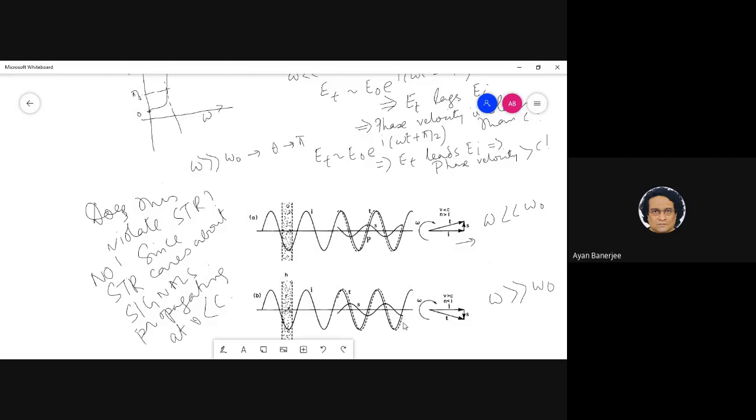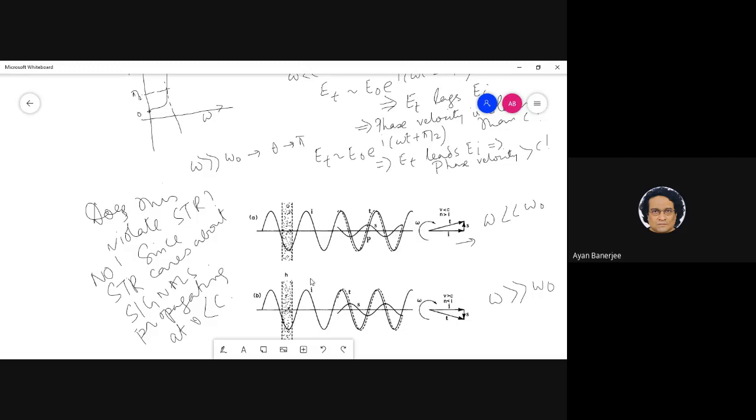So this will arrive before the incident wave, right? And suppose you think that the distance traversed is the same in the material. If this arrives earlier than the incident wave, okay, they are traversing the same distance, then that essentially means that this is traveling faster than c. So I am assuming that the distance is the same.